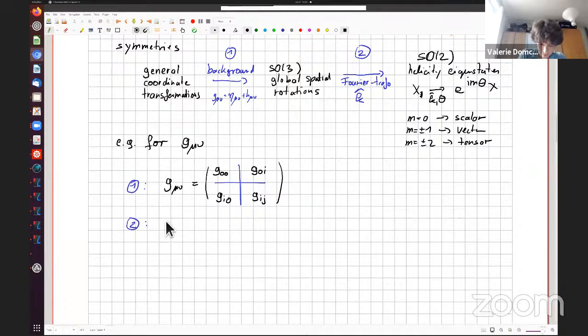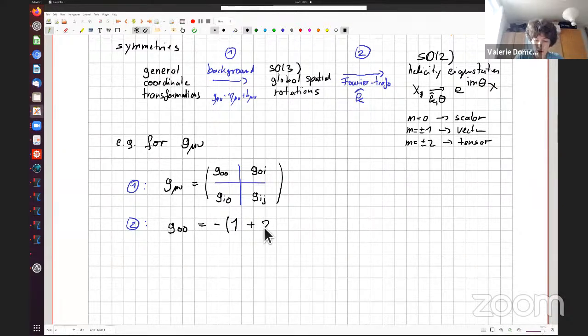So we look at the g00 component, then if we just have a flat metric, then this is just -1. And now I want to add a fluctuation to that, but I have to add a linear fluctuation such that it has no spatial indices, because as soon as there are spatial indices, the spatial indices on the left-hand side and the right-hand side have to match, and the left-hand side does not have any spatial indices.